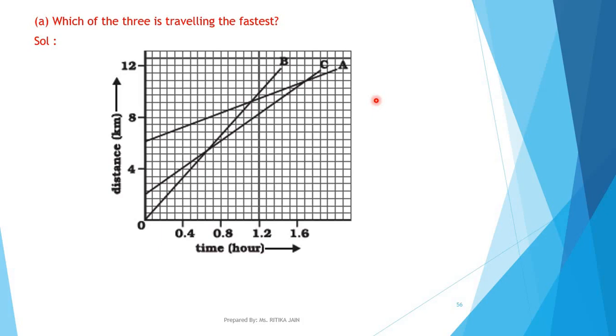So how from the graph can you determine the speed of the object? Clearly you know that the slope of the distance-time graph gives us the speed of the object. Now, if I get the angle of the object, then I can calculate the speed.